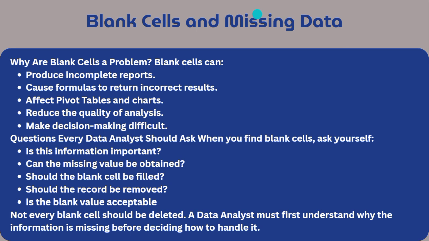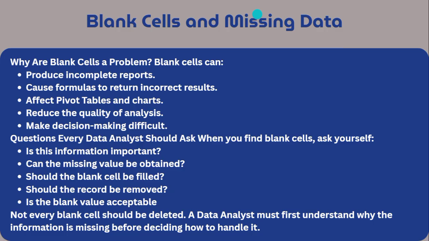So if the information is really important, you have to fill the blank cell. Then, should the record be removed? If you discover that this information is not available for this person, should I just remove the person's record entirely?